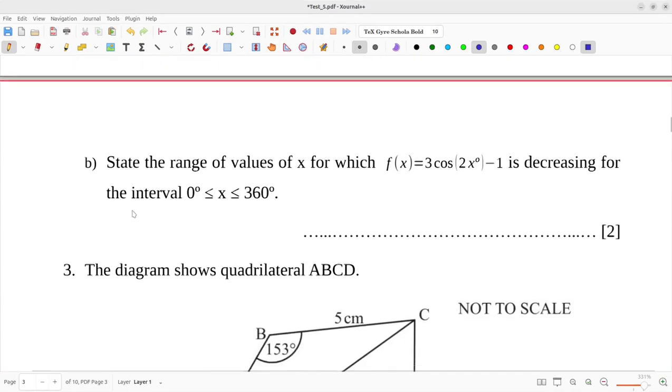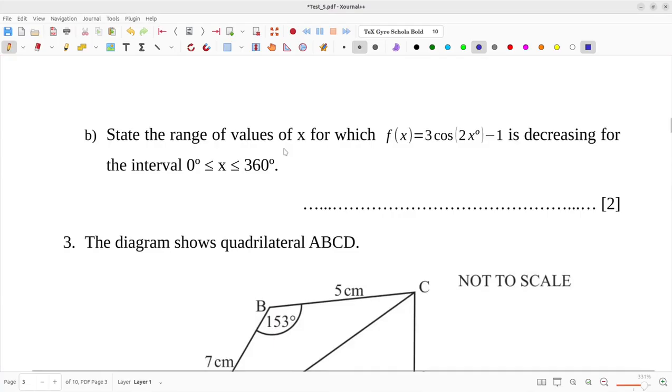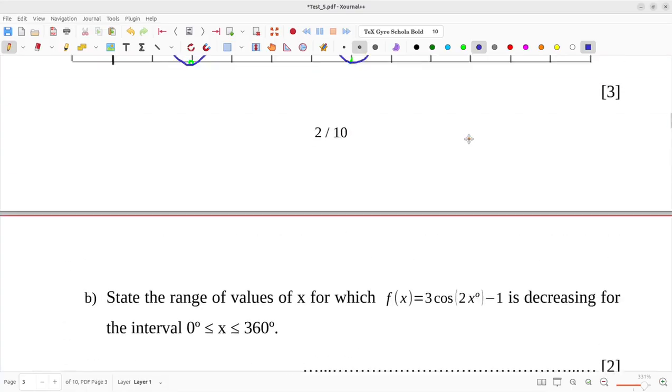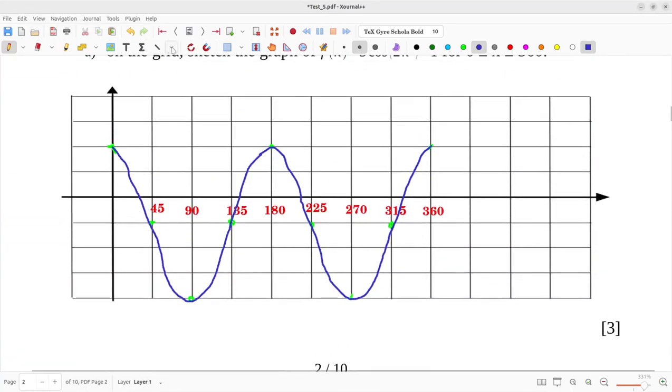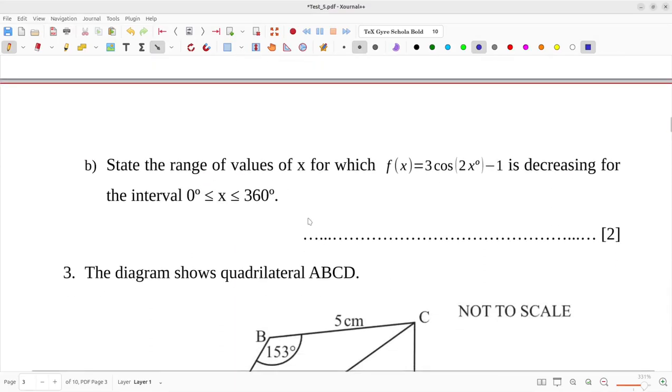Next question. State the range of values of x for which this graph is decreasing. So we want the point where the graph is going down. This is it, and this point here. So that's where the graph is decreasing. So it's from 0 to 90 and from 180 to 270. Let's just write that.